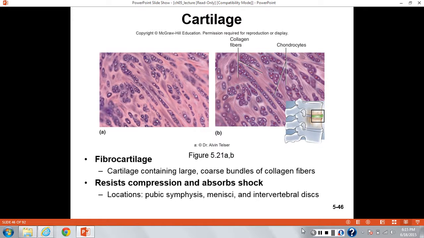Fibrocartilage. Where you find it at? Where's that coming from? In between the what? Vertebrae. It's a shock absorption. The meniscus. Where do you find your meniscus at? Meniscus. You can find the long bone is your what? Femur. It articulates with what bone?